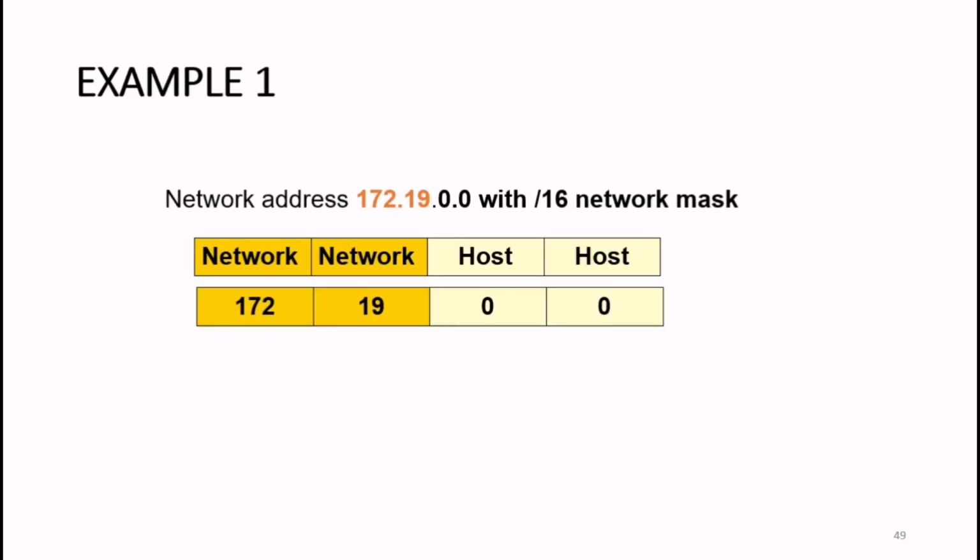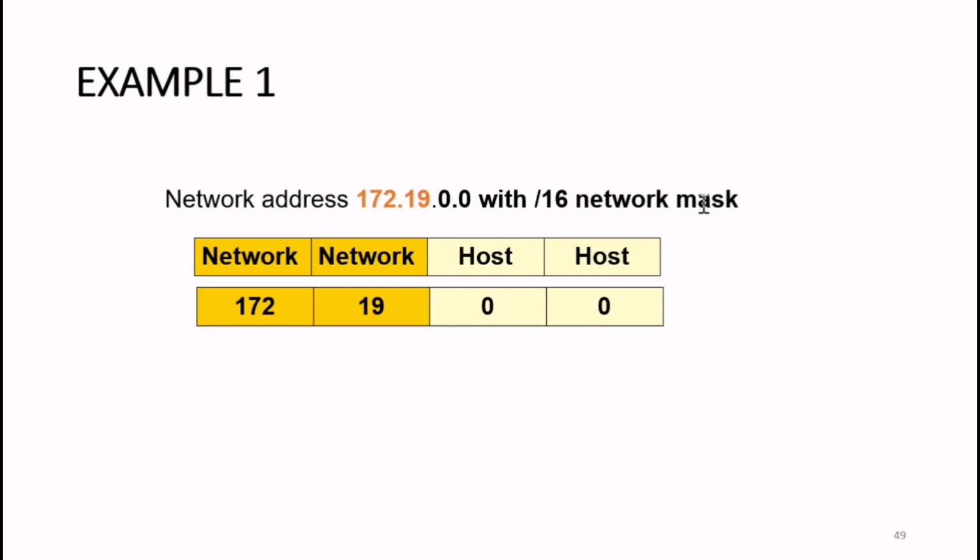Let's look into this example. You have a network address 172.19.0.0, which is a B class network, or we can say a /16 network mask. For B class, you know that the first 2 octets are the network and the last 2 octets are the host.